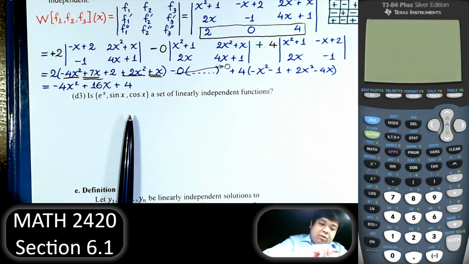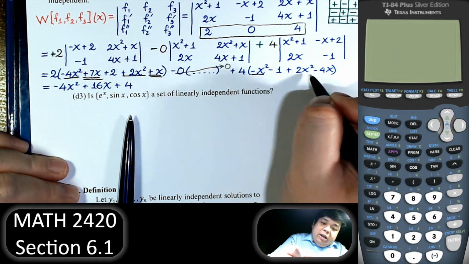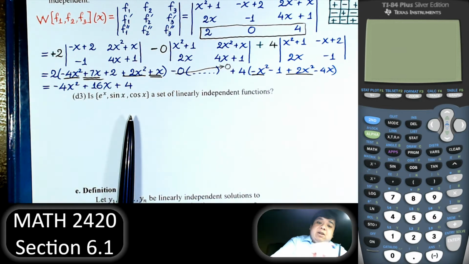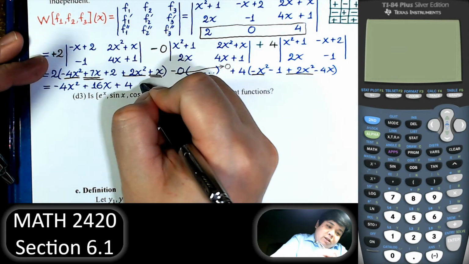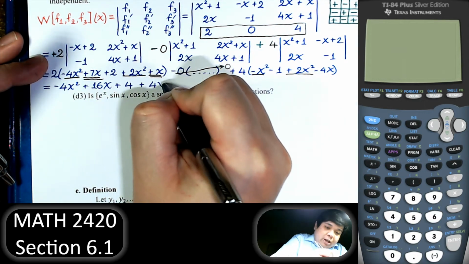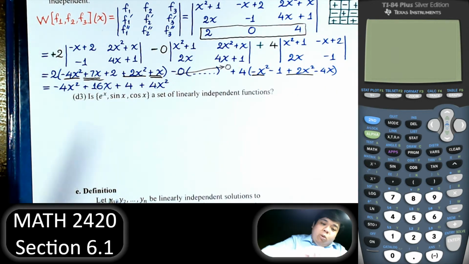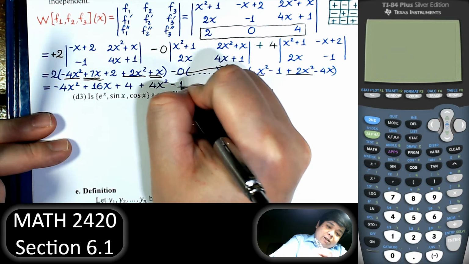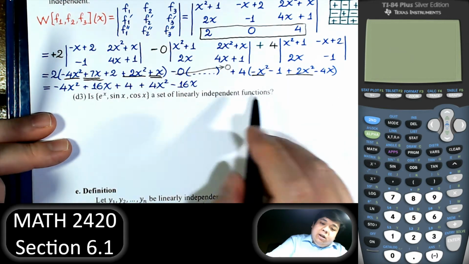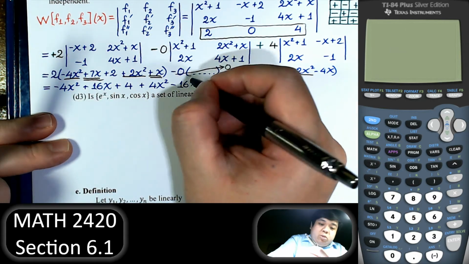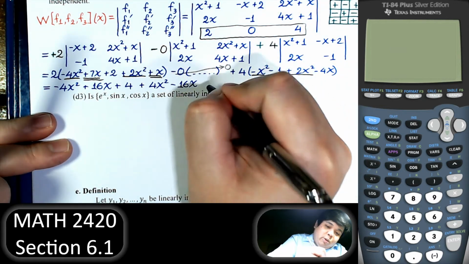And multiply this out: negative x squared times 2x squared, that gives us x squared times 4, 4x squared. Negative 4x times 4, negative 16x. And 4 times minus 1, minus 4.